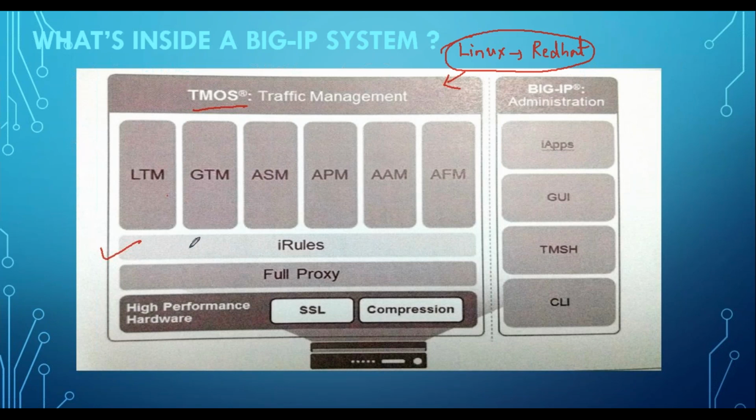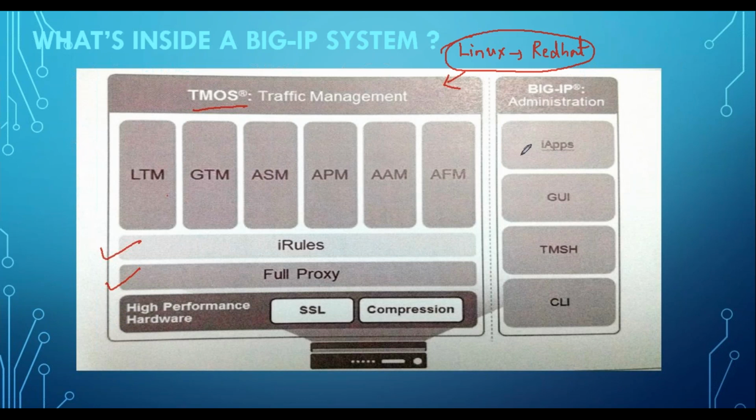The F5 in specific behaves as a full proxy, terminating the connection, initiating new connections, optimizing TCP connections, handling SSL traffic. You might have SSL accelerator cards to accelerate the SSL transactions which are handled per second. You can have specific compression cards.